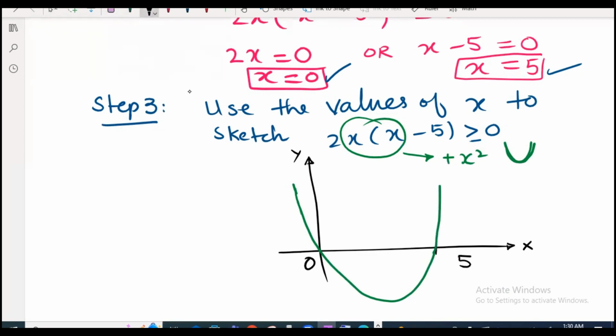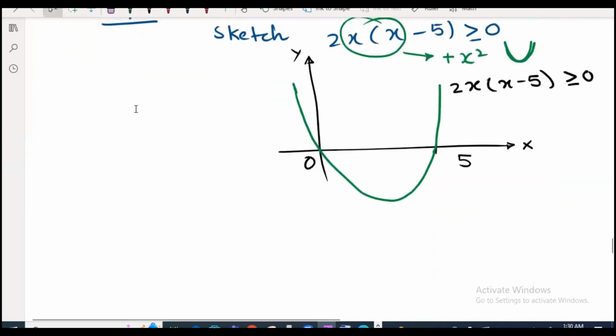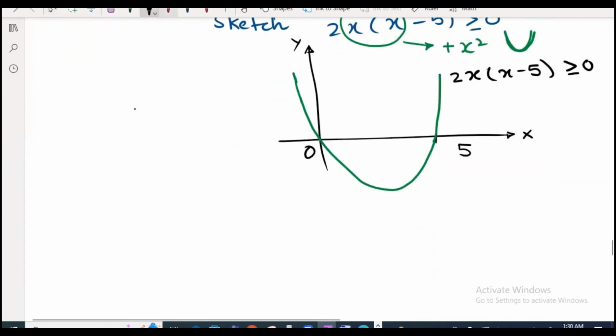This is the sketch of 2x times x minus 5 greater than 0. Now follow step number 4.